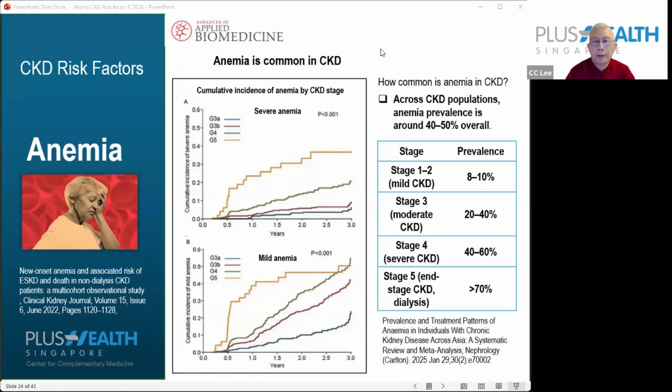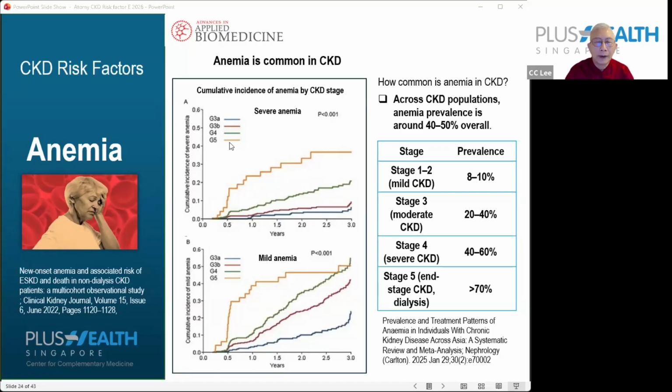However, we cannot avoid talking about anemia as a risk factor. You can see from this table the cumulative incidence of anemia by CKD stage. As your CKD stage increases, your incidence of suffering from anemia goes up very rapidly.